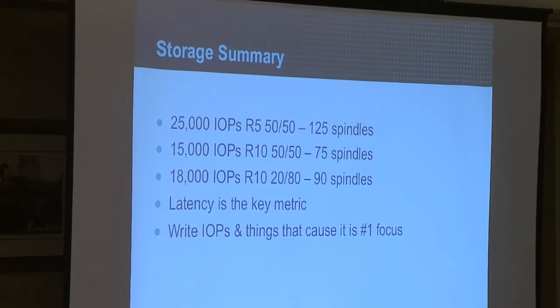Just like in the CPU world, at the end of the day, whatever magic the storage controller is doing, whatever the vendor is selling you, as long as it can satisfy a read or write request in under 20 milliseconds, hopefully even under 10 milliseconds, then you're good, right? But if you exceed 20, it's time to stop, or your solution is going to fail. And really, write ops is the thing that causes issues, and it's the number one focus in doing a VDI deployment.